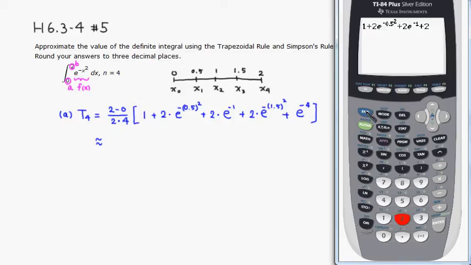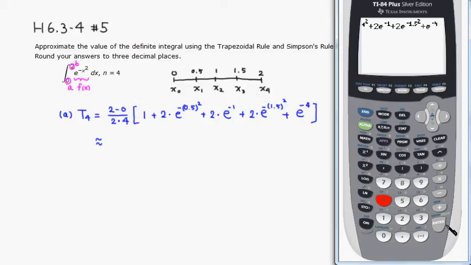Alright, so I'm going to go down, and plus 2 times e to the, next one is negative 1.5 squared. Then go down, and plus just e to the negative 4.